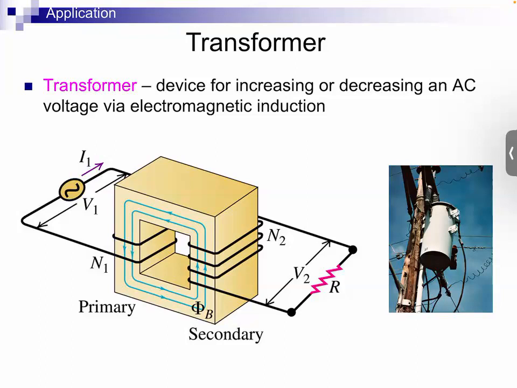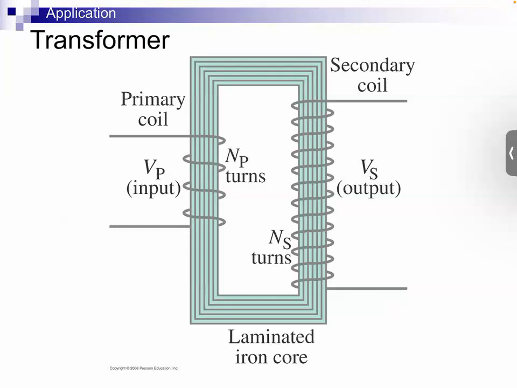It's a device that increases or decreases the alternating voltage via electromagnetic induction. So let's discuss how a transformer works and where electromagnetic induction comes in in the understanding of a transformer.